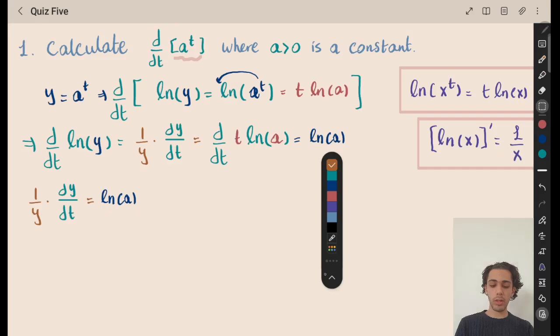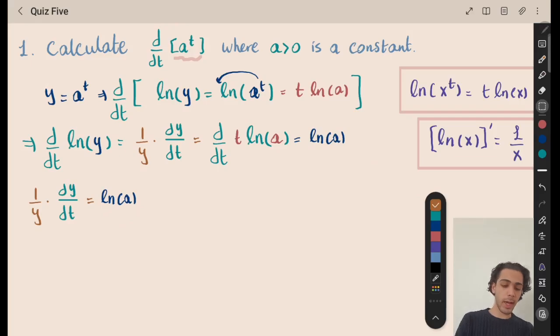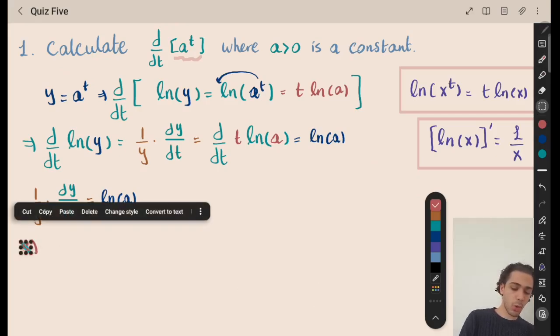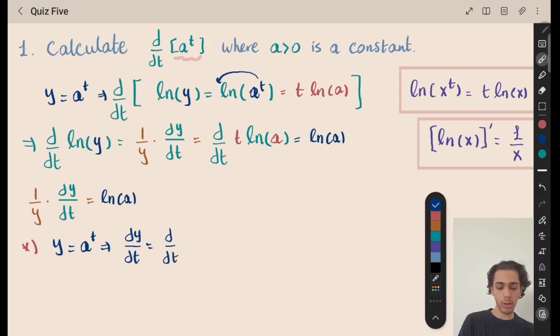And I claim that we're very close to the solution because here's the catch. I make an asterisk here. If y is equal to a to the t, then the derivative of y with respect to t is the derivative with respect to t of a to the t.